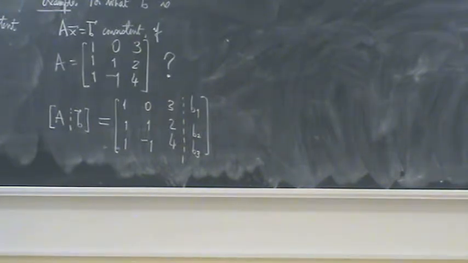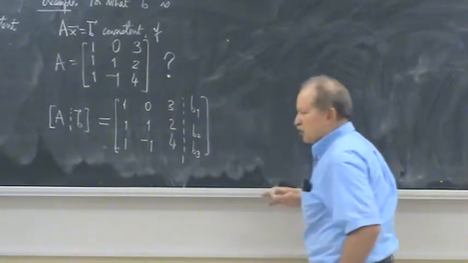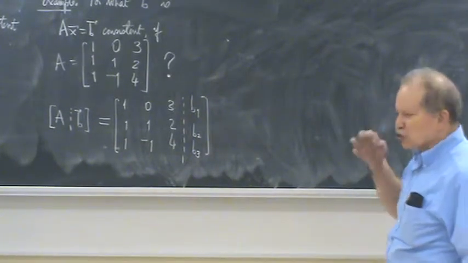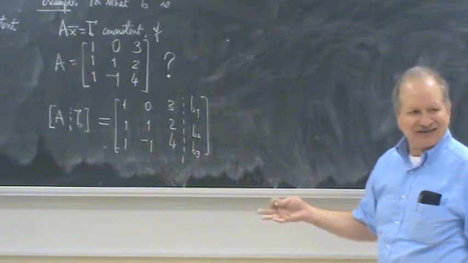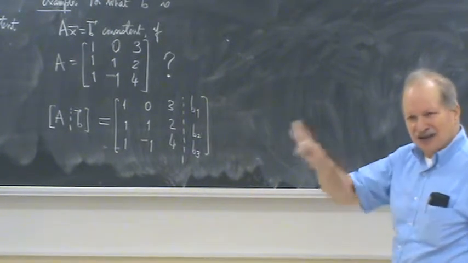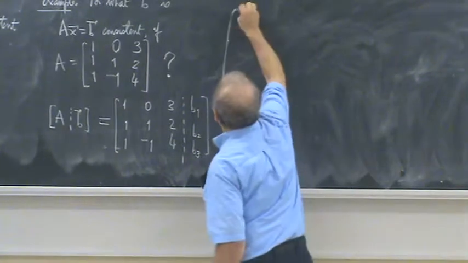Just get it in echelon form. Let's go for echelon. So here's a place where reduced is extra work that you don't need. The general advice would be if you're trying to write the general solution for a system of equations, go to reduced echelon form. But if you're not trying to get to that, you don't need reduced. So all right, let's do echelon form.